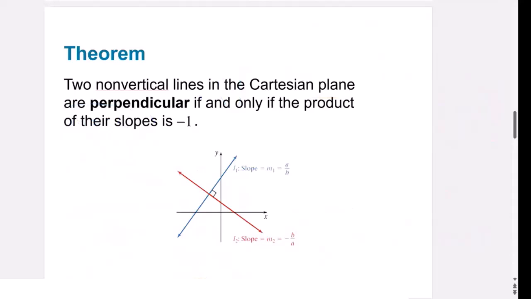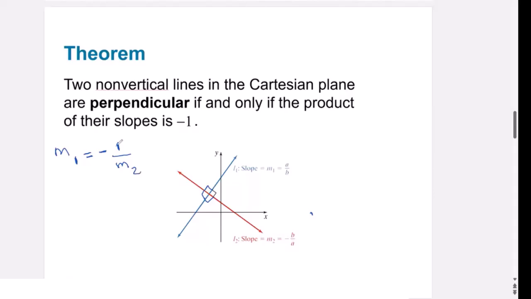Okay, so now we want to talk about perpendicular lines. Perpendicular lines are always going to make a 90-degree angle. All of these are 90-degree angles with each other, so they cross at 90-degree angles. Basically, we say that the slope of the first line is equal to the negative reciprocal, meaning negative 1 over the slope of the other line.